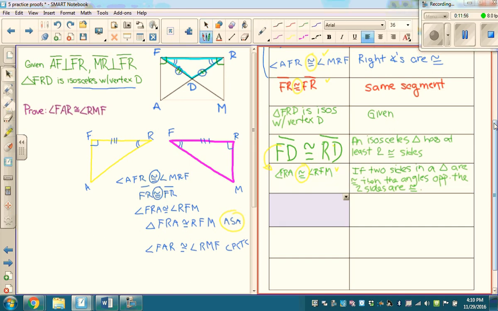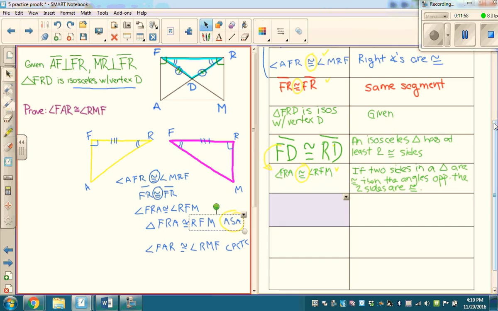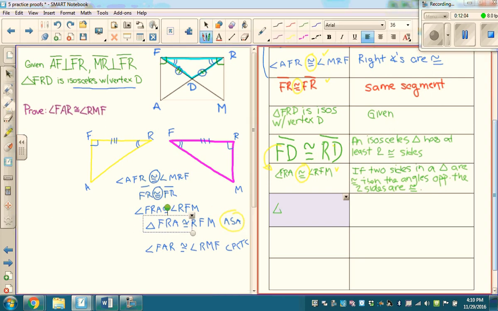So now I'm going to take this statement on the left here and say the triangles are congruent. So now I can say triangle FRA is congruent to triangle RFM by angle side angle.